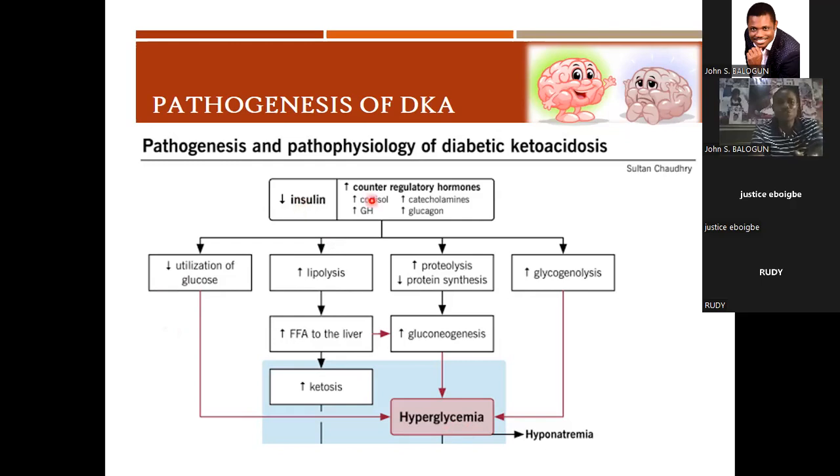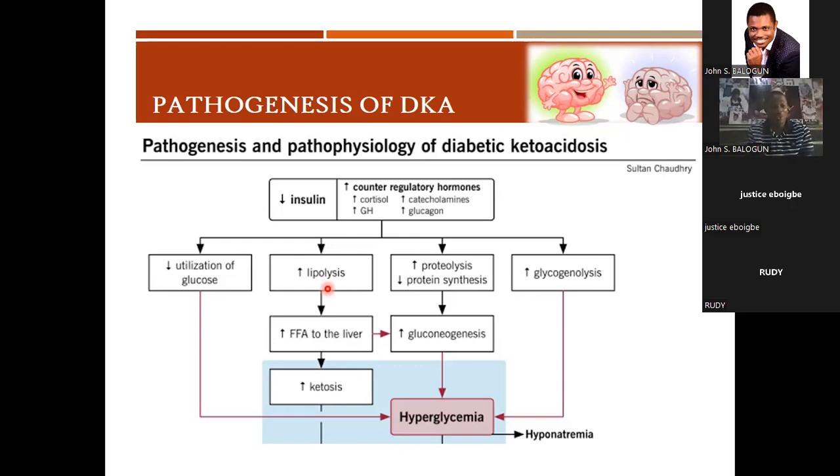The counter-regulatory hormones stimulate the process we call lipolysis, which is the breaking down of lipids. With lipolysis, there is production of free fatty acids. When free fatty acids are broken down, they lead to the formation of ketone bodies.